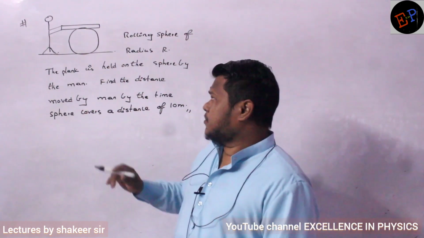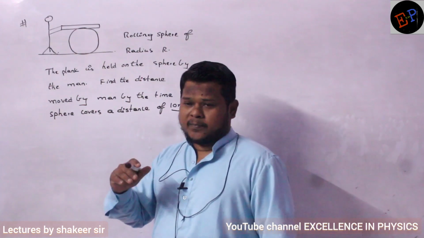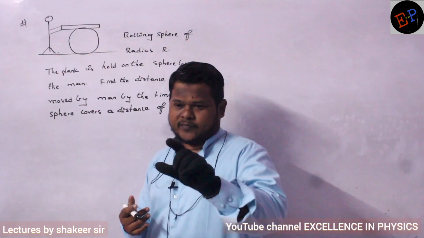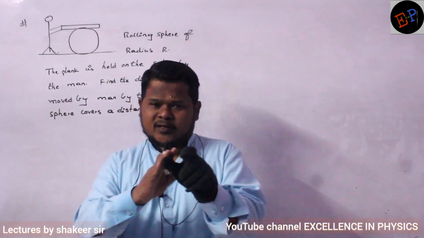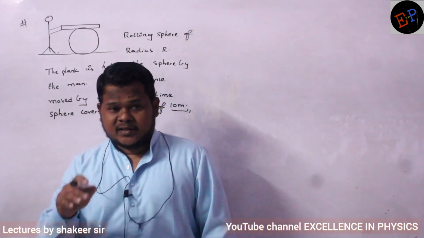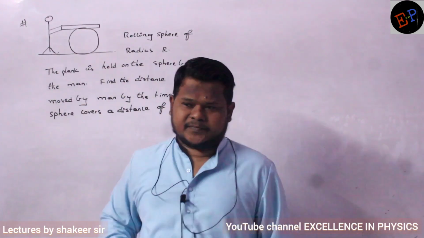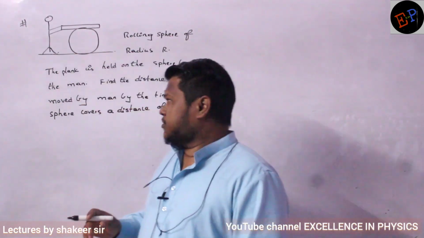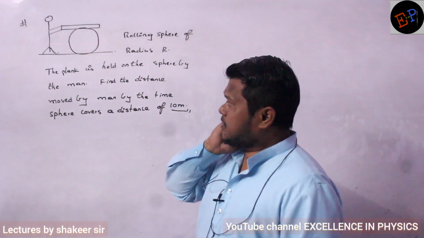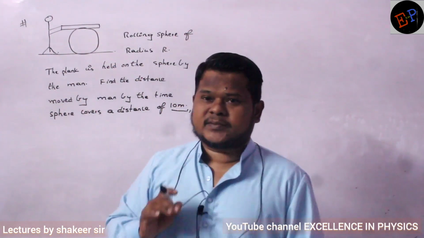Plank is not sliding on the sphere. It is moving along with the sphere. So by the time the sphere covers a distance of 10 meters, what will be the distance covered by the man? That is the question. How can you answer?